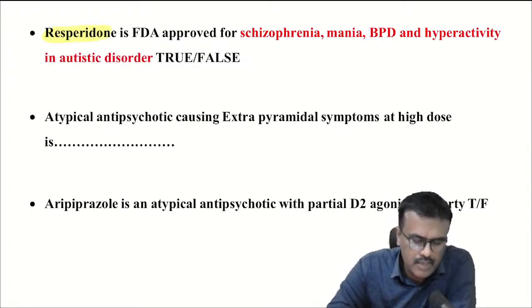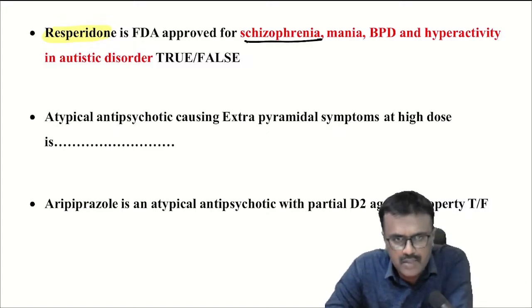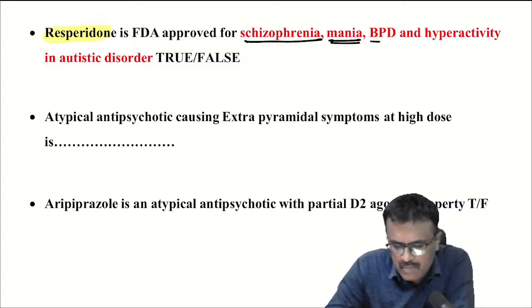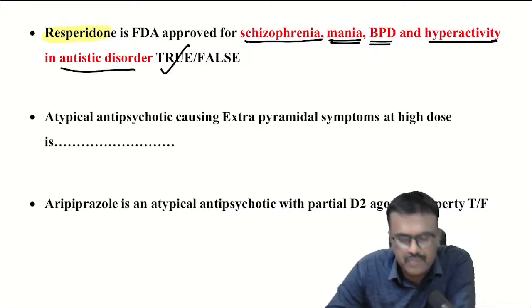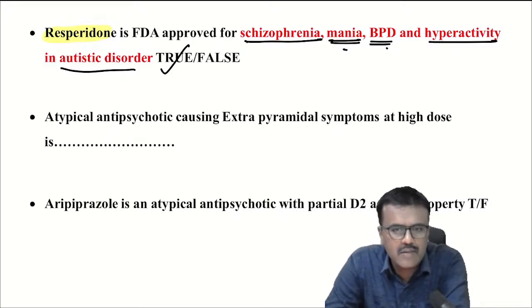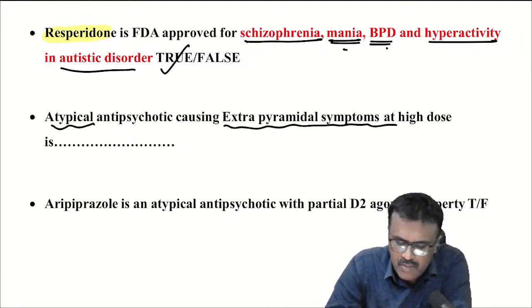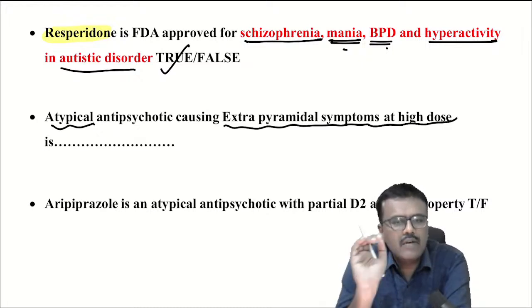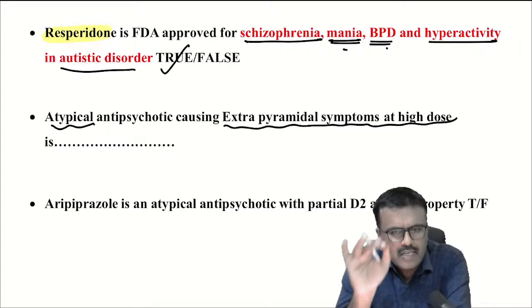Risperidone is an atypical antipsychotic. It is FDA approved for schizophrenia, yes. Mania, yes. Bipolar disorder. Hyperactivity in autistic disorder, true. Because mania and bipolar are also like psychotic disorders. Atypical antipsychotics cause extrapyramidal symptoms only at high dose. Atypical antipsychotics cause fewer extrapyramidal symptoms and less hyperprolactinemia.